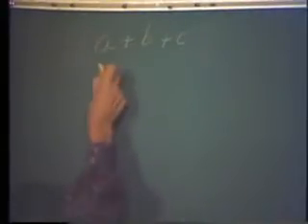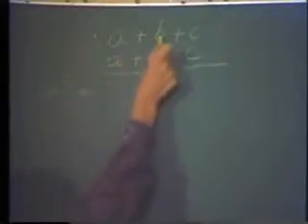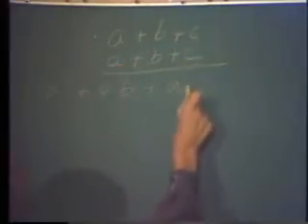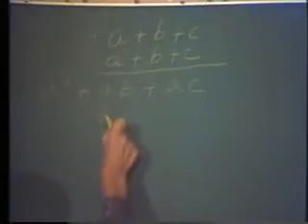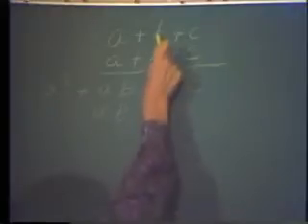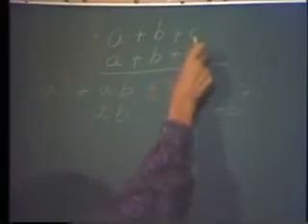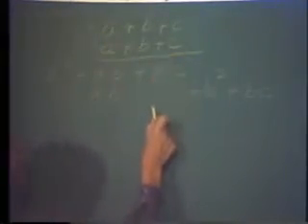First of all, we have to square it. And that gives us A squared plus AB plus AC. Now we multiply it by B and we get AB plus B squared plus BC. And then we multiply by C and we get AC.